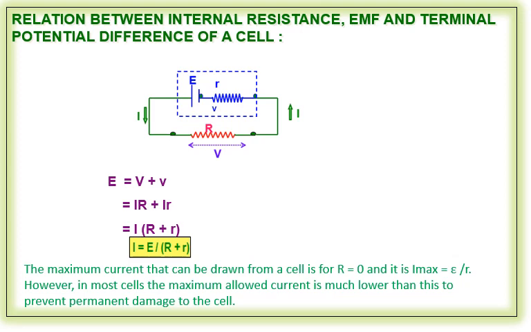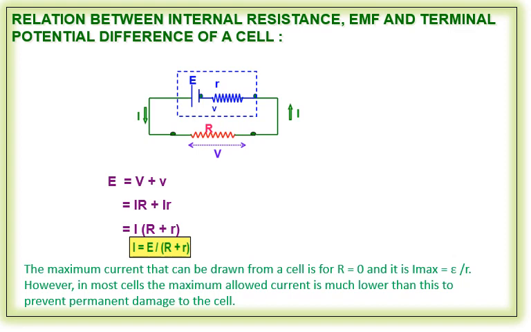By definition of EMF, E will be equal to the work done by the cell in carrying a unit charge along the closed circuit, and that will be equal to the work done in carrying a unit charge through the external resistance R plus the work done in carrying a unit charge against internal resistance small r, and that will be denoted by capital V and small v.